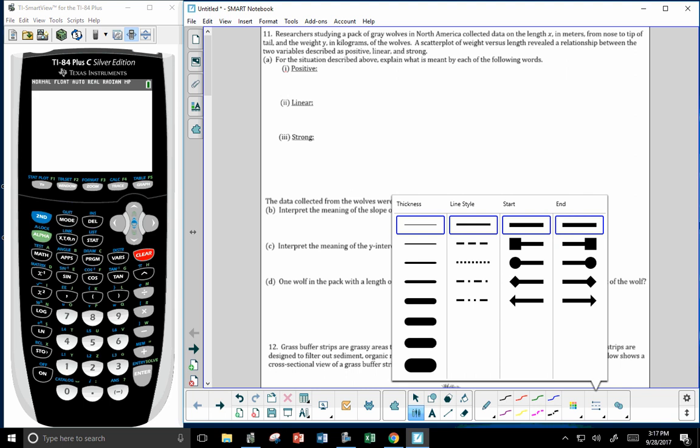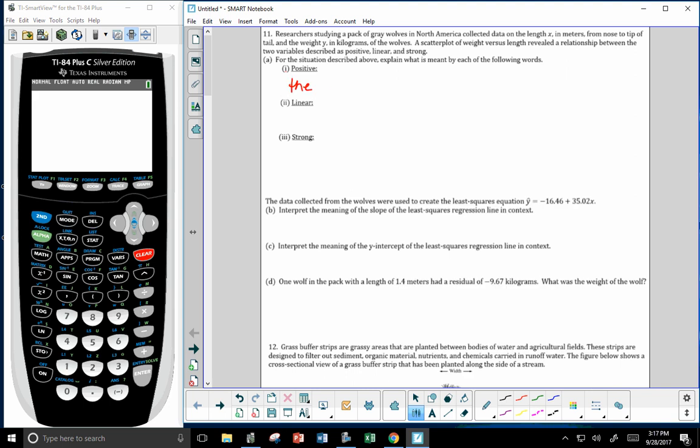So I said the higher the wolf length, the higher the wolf weight. Okay, notice I'm not saying just X and Y. We have to describe it in the context of the problem. So we've got to have the wolf length and the wolf weight in there as well.